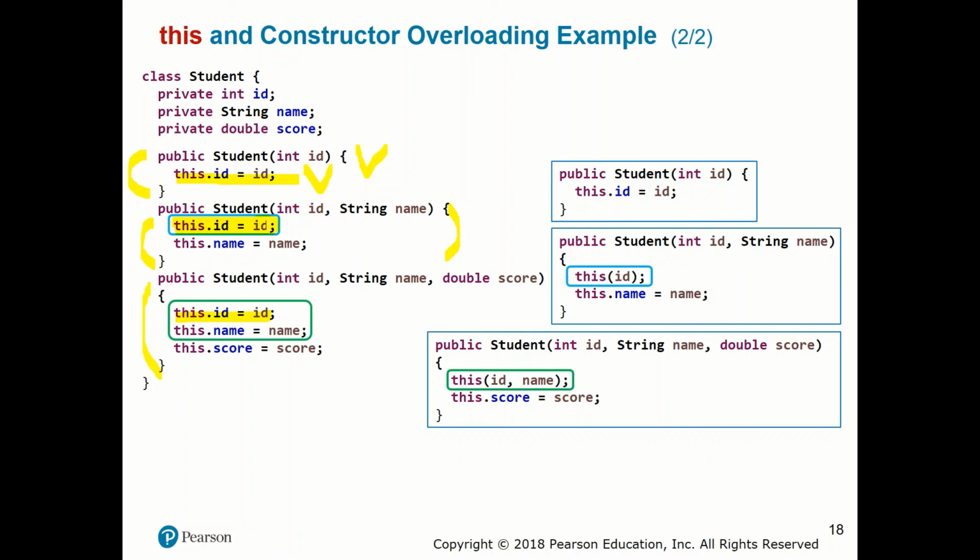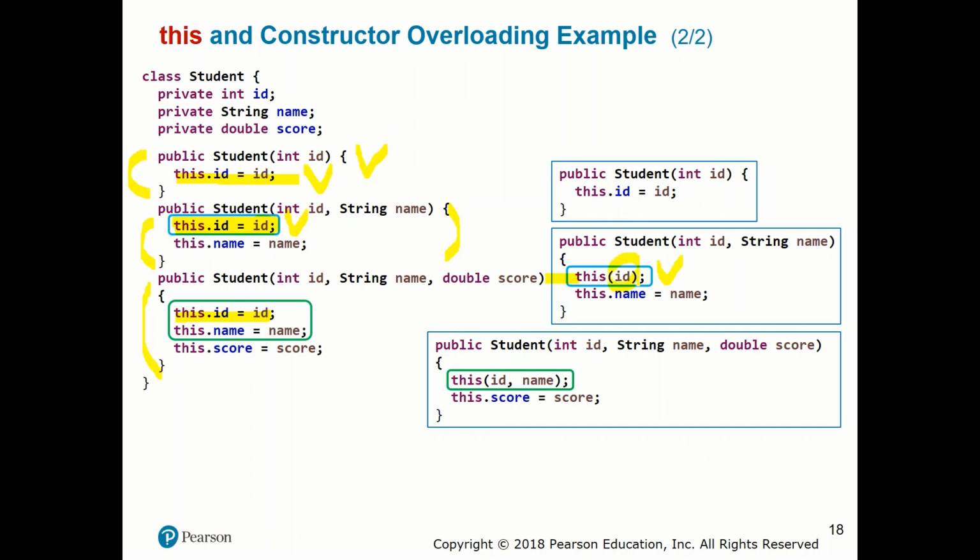So instead of this, I'm going to use this, and id in the parentheses. Okay, if you see this one, this means call another constructor that has only one parameter.